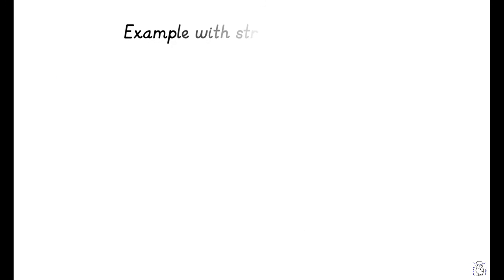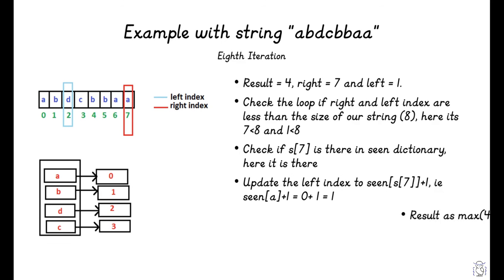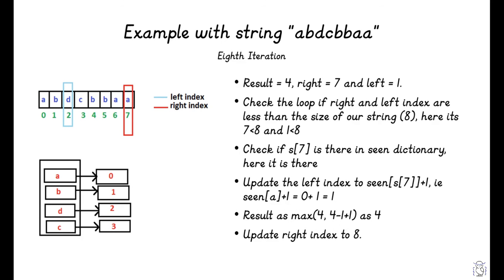In the 8th iteration, we have result as 4, right index as 7, and left index as 1. We then get into the loop and check if left and right index are less than the size of our string. Since they are, we then check if S of 7 is there in the dictionary or not.